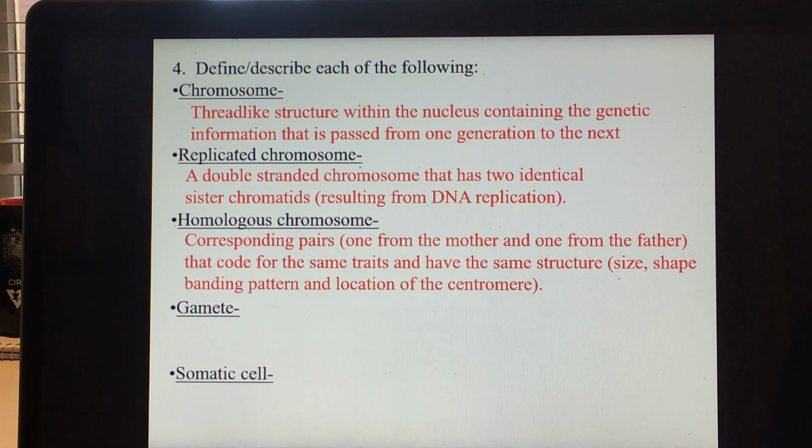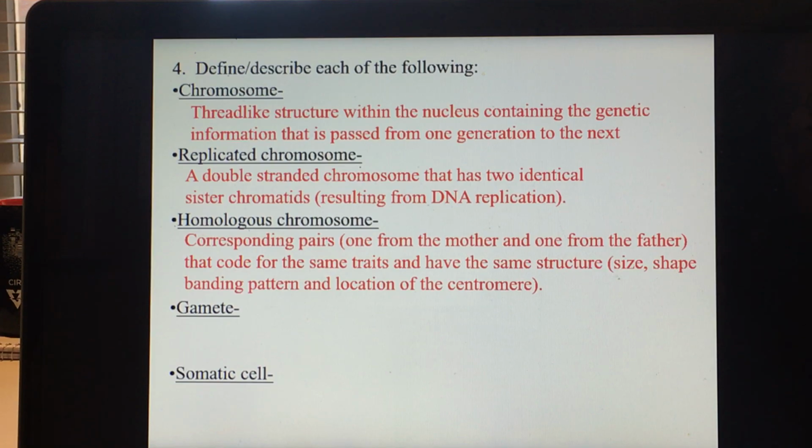Homologous chromosomes are corresponding pairs, one from the mother and one from the father, that code for the same traits and have the same structure, including size or length, shape, and shape is determined by the location of the centromeres and the banding pattern. Now, it's important to note that homologous chromosomes, when we say they have the same traits, it doesn't mean they're identical.